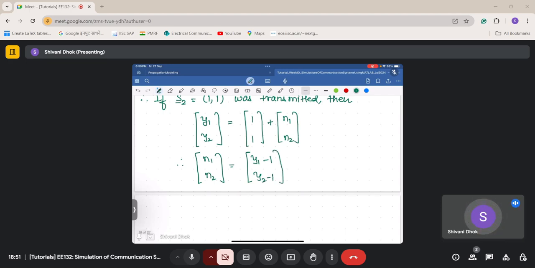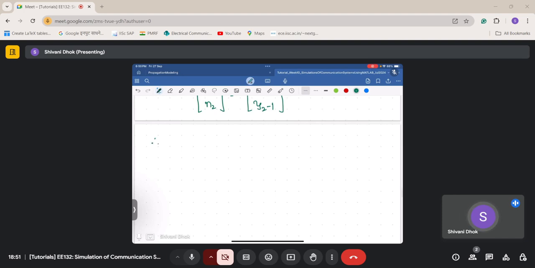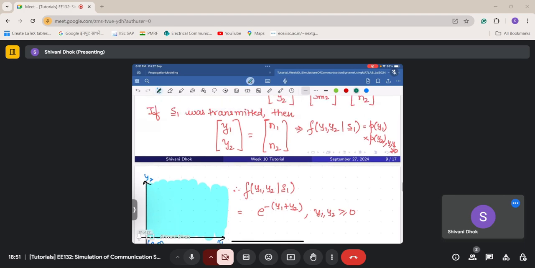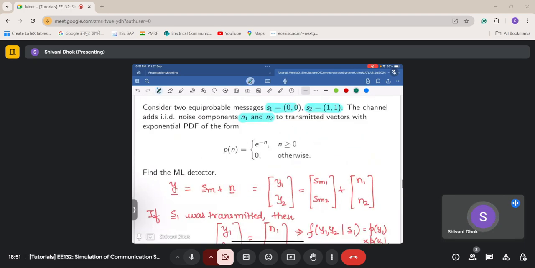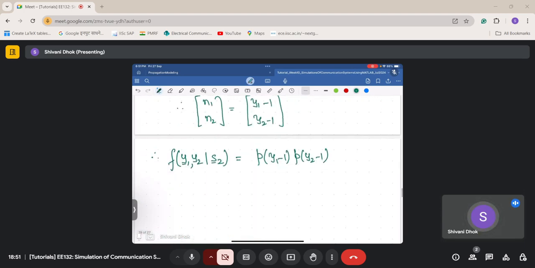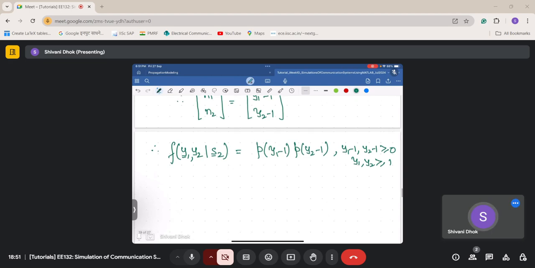So therefore, by transformation of random variables, the PDF of y1, y2 given s2 was transmitted will be equal to p of y1 minus 1 into p of y2 minus 1. Simple. This will be true when y1 minus 1 and y2 minus 1 are greater than or equal to 0, that is, y1, y2 both greater than or equal to 1.